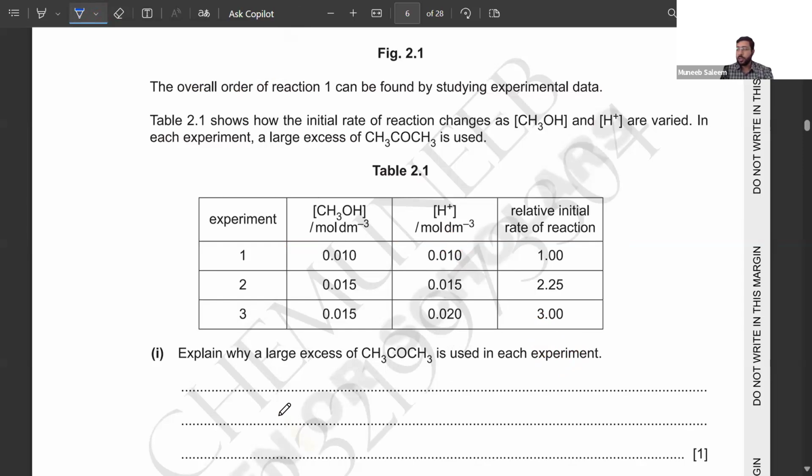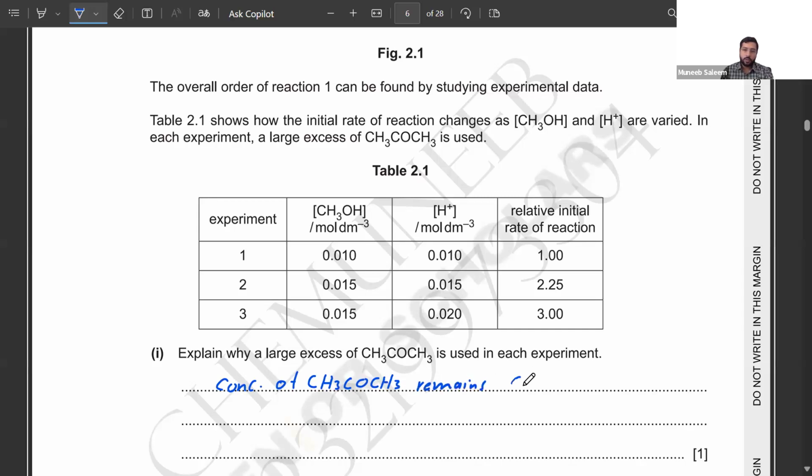So we could say here that the concentration of CH3COCH3, which is propanol, remains constant, or does not change.